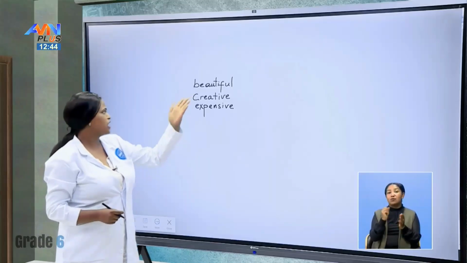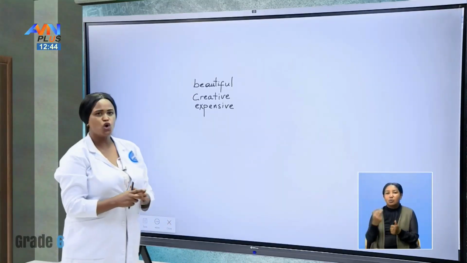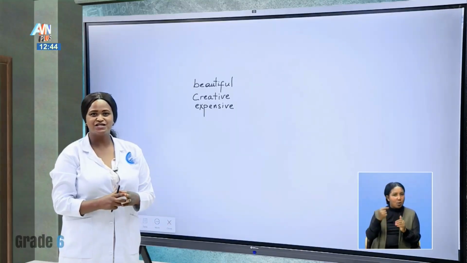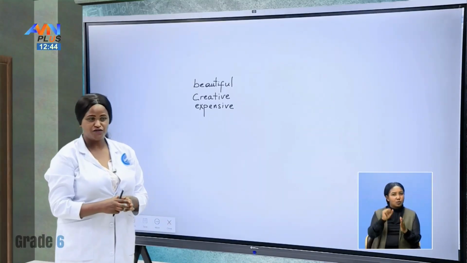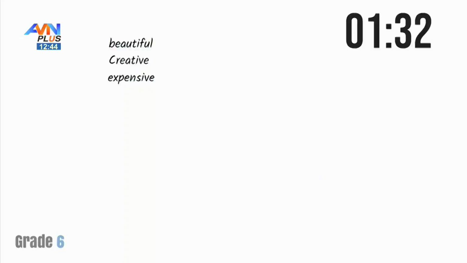For example, when it comes to beautiful, it has got 3 syllables. So, how do you compare it? Or what is its comparative and superlative form? Would you try? You want a few minutes? Okay, take it.